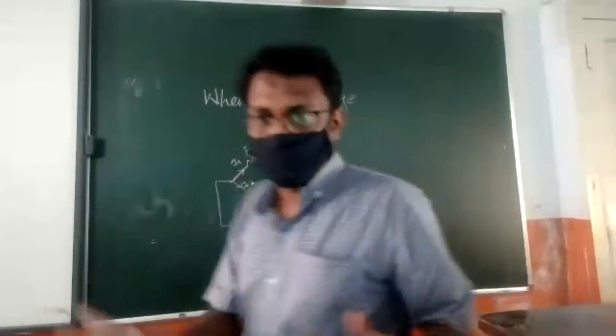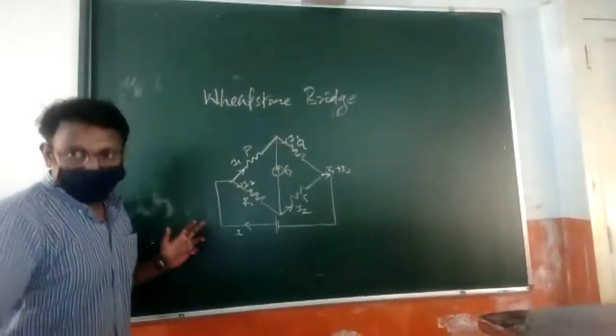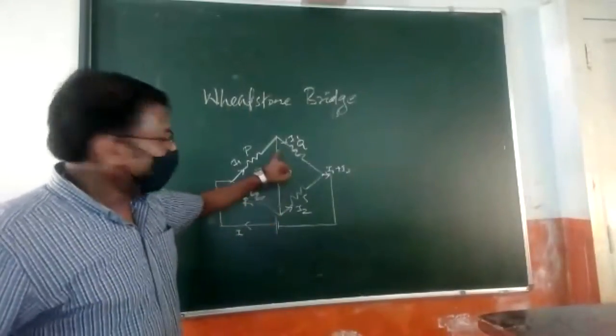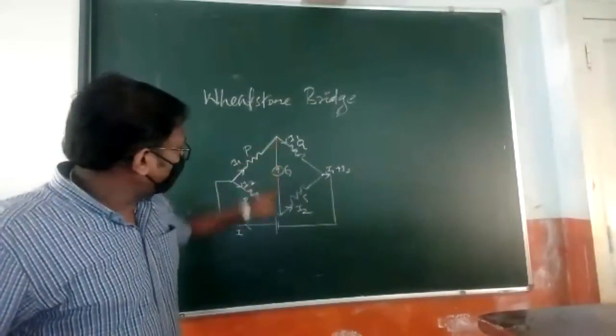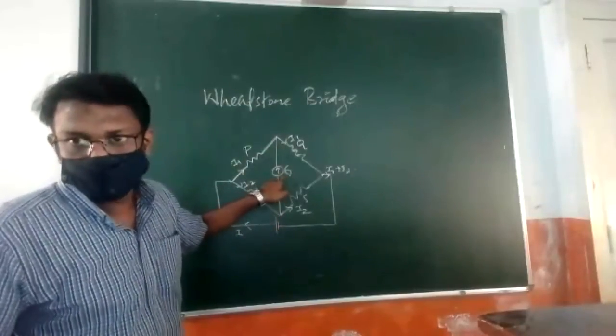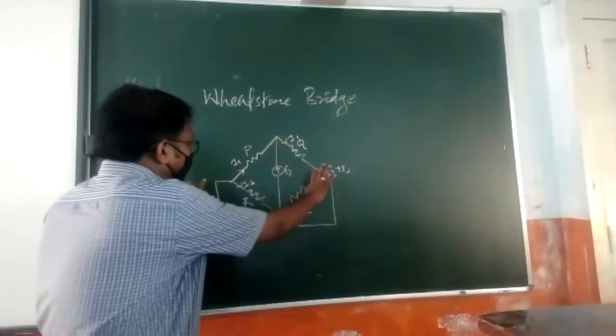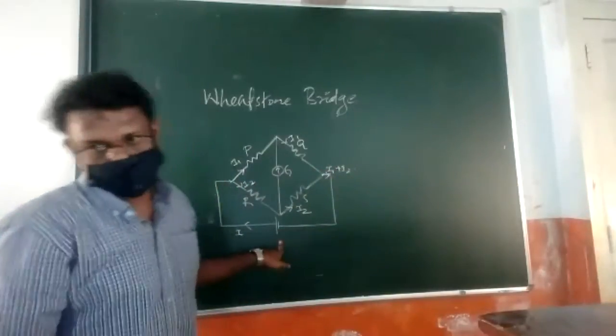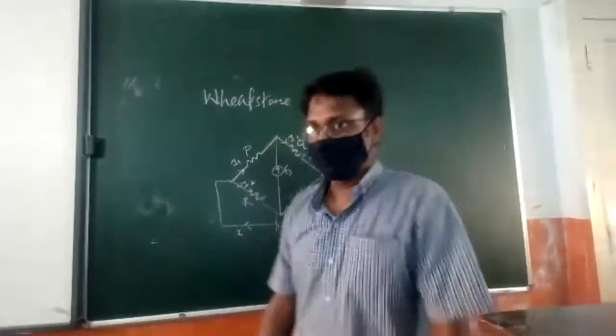That means as the arms of a quadrilateral. And between two diagonal points, a galvanometer is connected. And between the other two diagonal points, a cell is connected. Make.